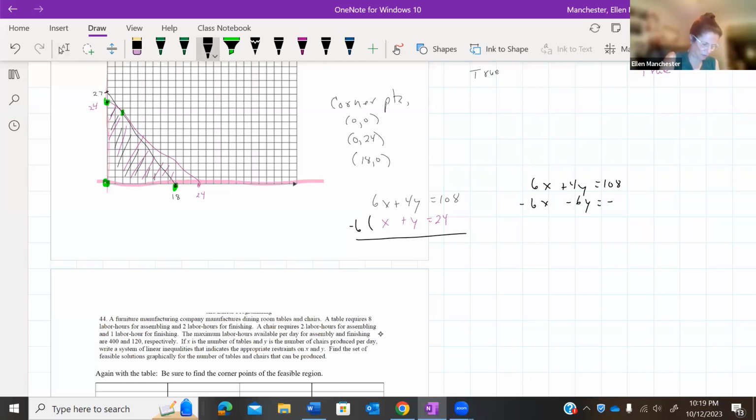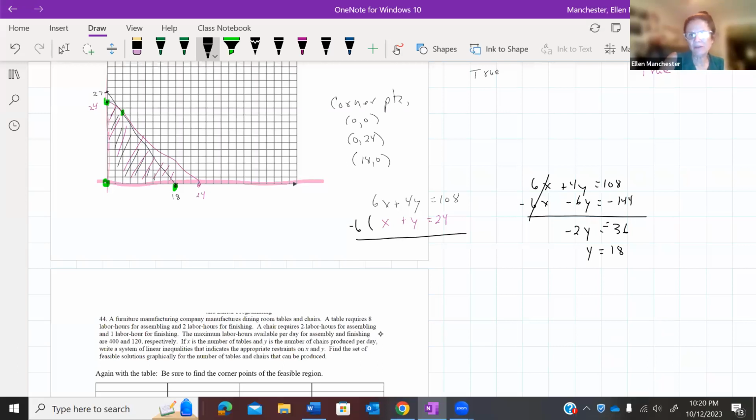And then what's 24 times 6? 144. So -144. Okay, so my x's go away. I end up with -2y equals 144 minus 108 is 36, -36. So y equals 18. Okay, looks pretty close.